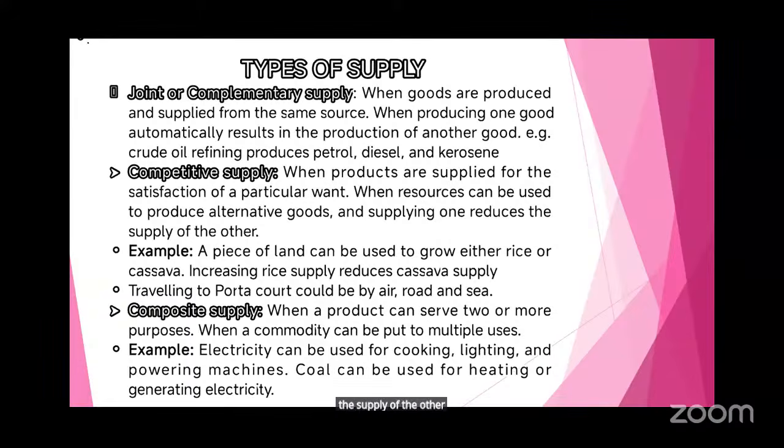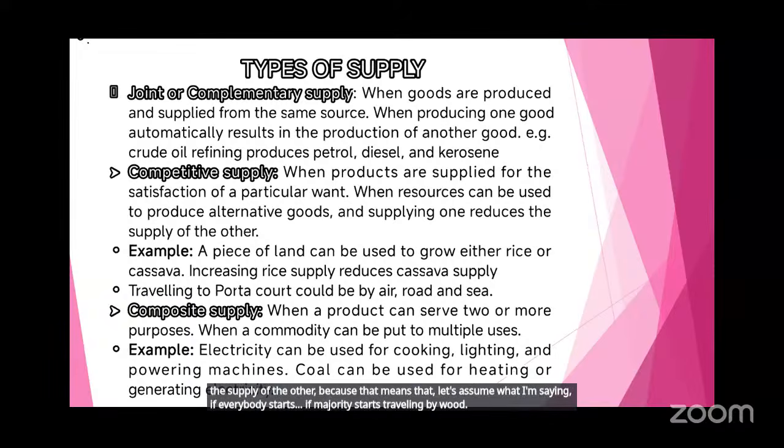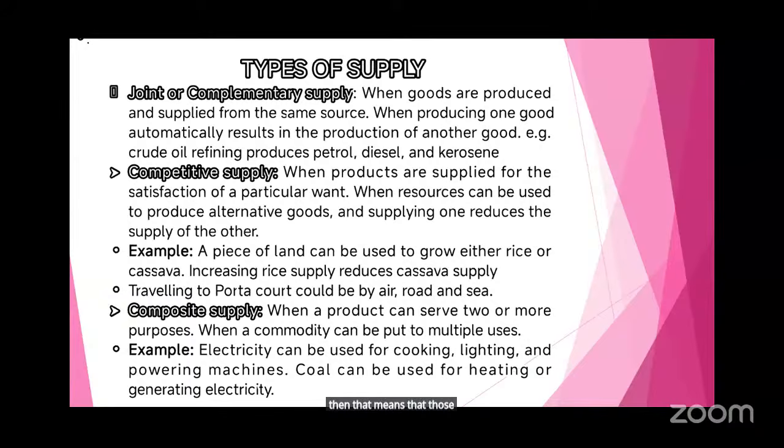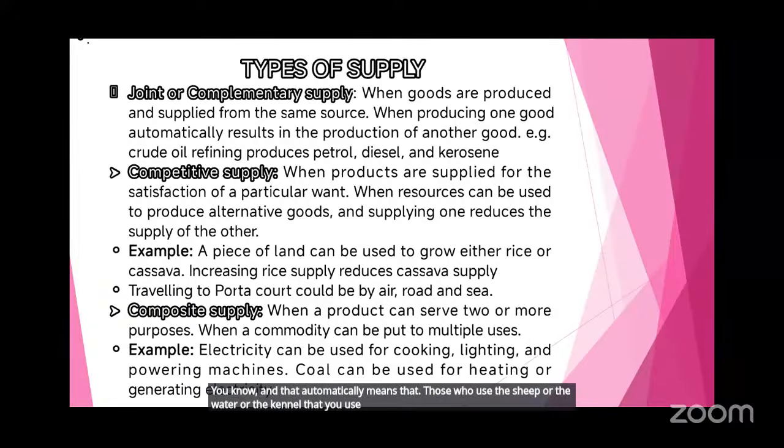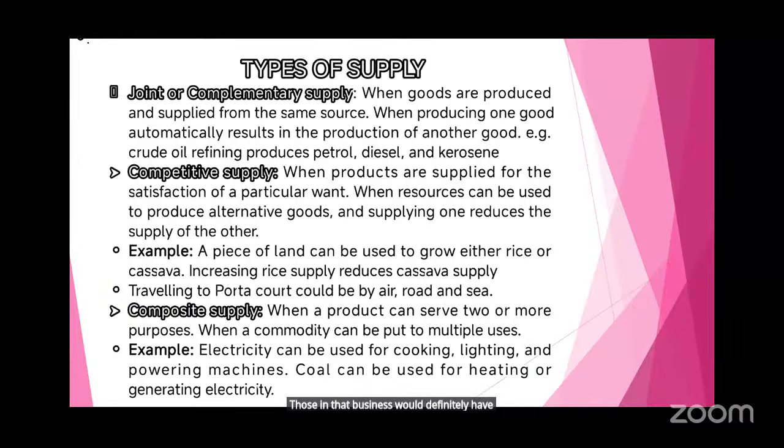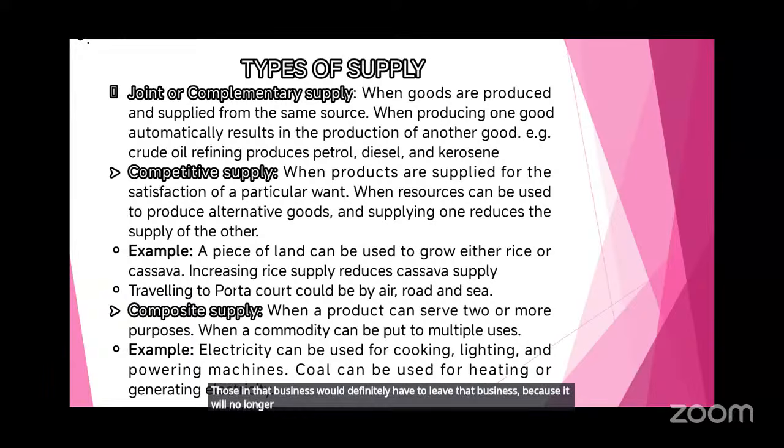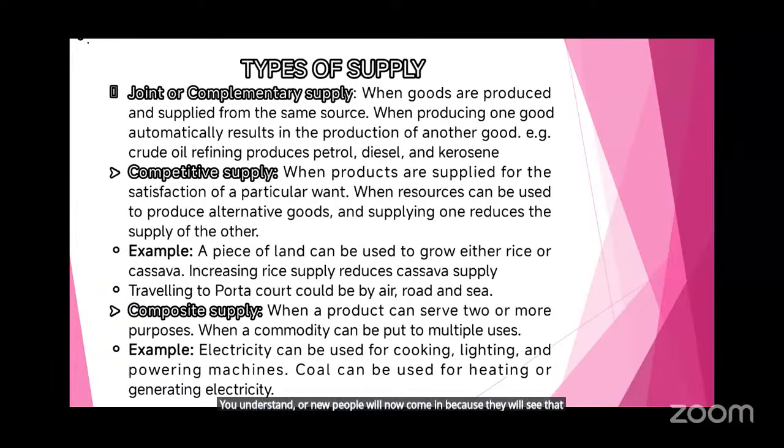Let's assume that the majority starts traveling by road, then those who travel by sea would definitely reduce, and that automatically means that those who use the ship or the canoe to travel by sea, those in that business would definitely have to leave that business because it will no longer be profit worthy. You understand? Or new people will not come in because they will see that it's not profit worthy. That's why we say they are in competition with each other.